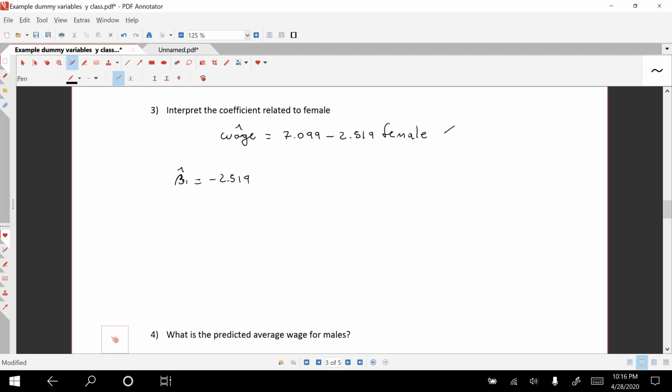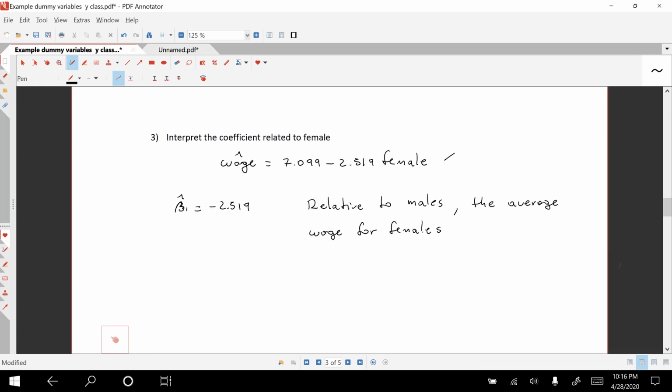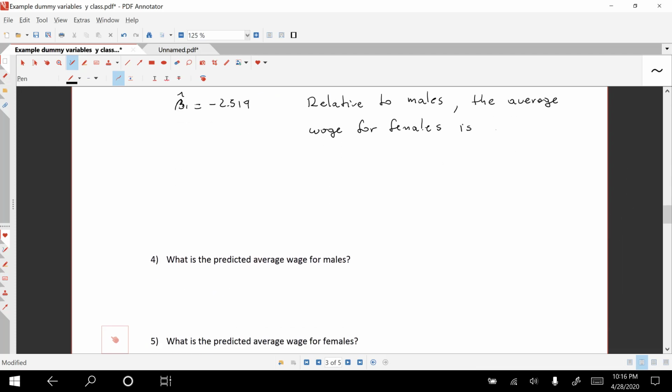So for interpretation, we can always say that relative to the baseline category, which is males, the average wage for females is $2.512 per hour, and since that's a negative sign, we can say that's lower.